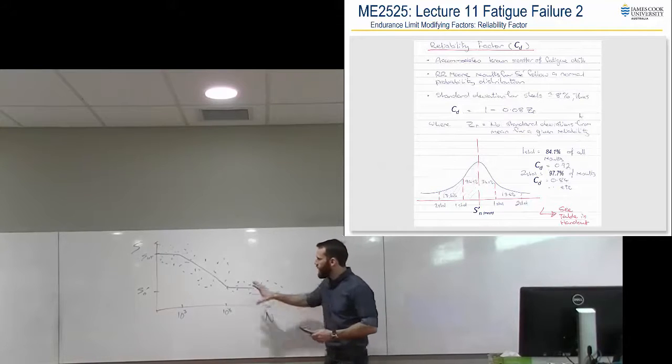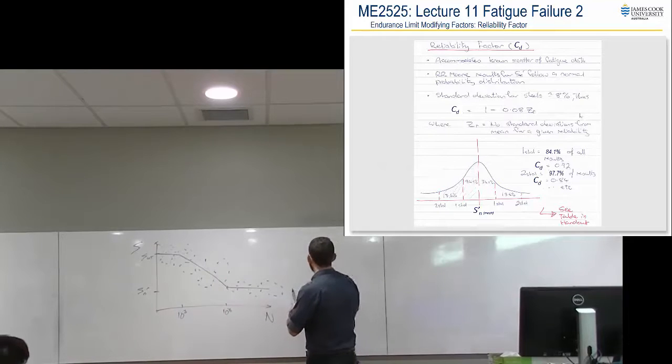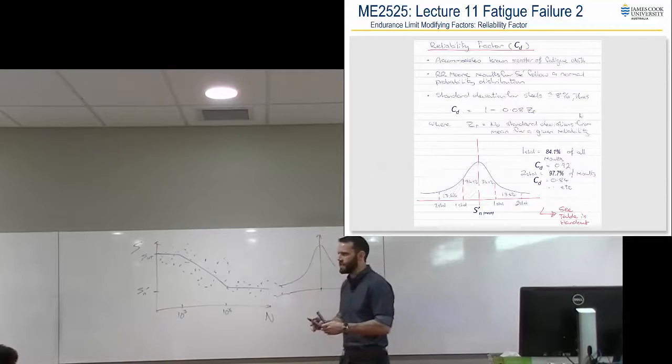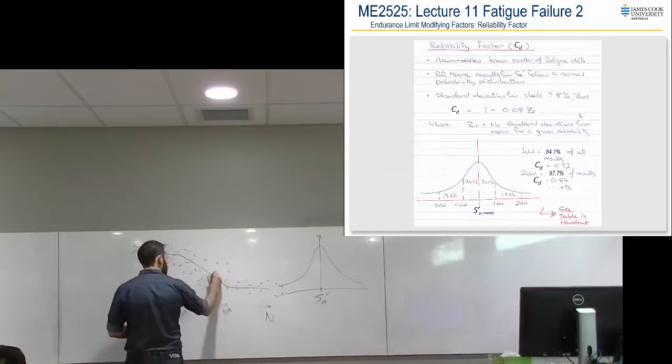So the way that this data lays out, if we took a single dot point, it actually lays out in a normal distribution. It's nice data. And that normal distribution looks like the graph there, where this is our mean in the center. So SN dash, which is this point here.